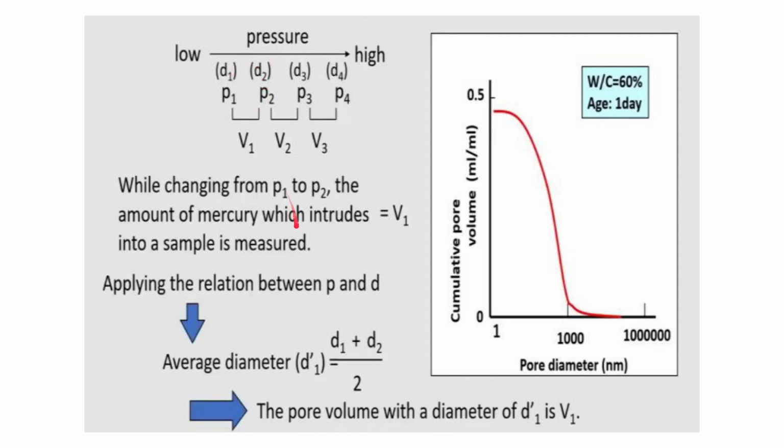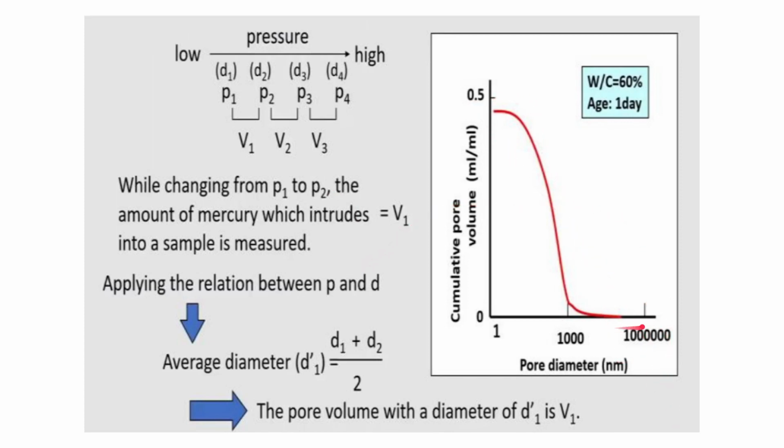So based on the volume intruded, we get the pore volume, and taking the average of D1 and D2, we get the average diameter D1 prime, which is the pore size. So pore size is the average of the initial pore plus the later pore. So the average of both the pores gives the pore size for the particular volume V. So by this we calculate the cumulative pore volume.